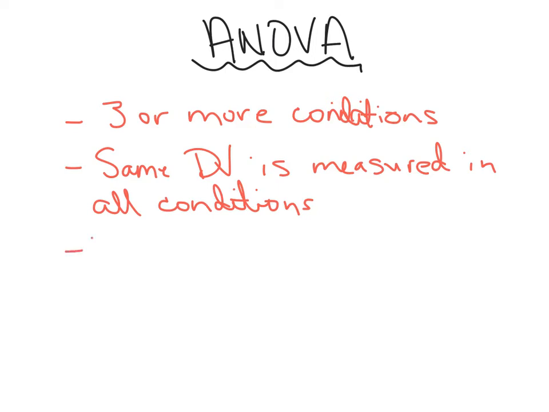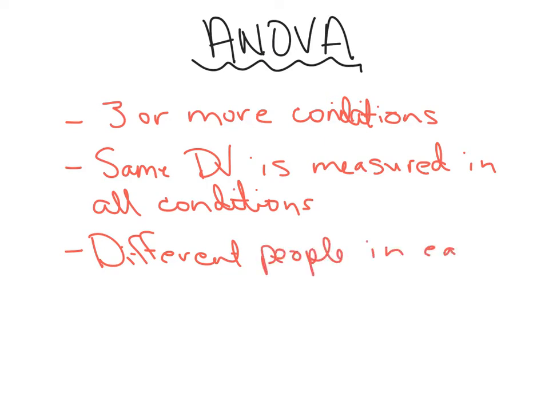And again, with the ANOVA that you're learning, there's going to be different people in each condition. So we're going to have completely different people that are independent of one another.